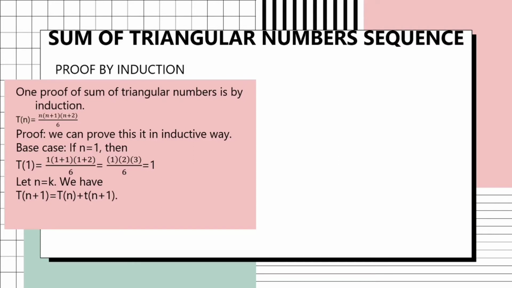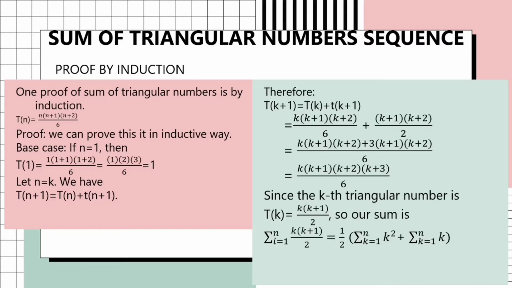So let n be equal to k. We have T(n+1) is equal to Tn plus T(n+1). So therefore the sum of triangular numbers is equal to Tk plus T(k+1). So let us now substitute the Tk.